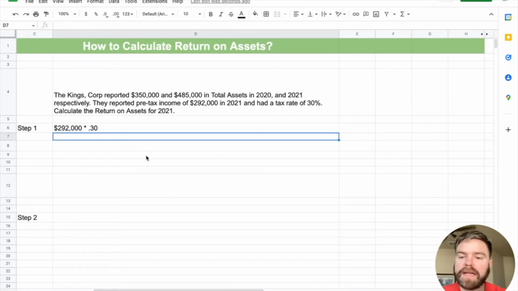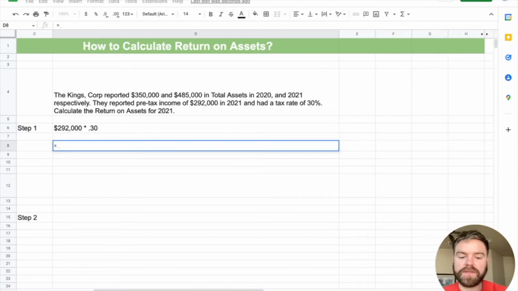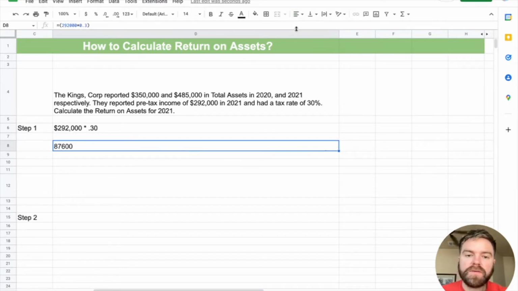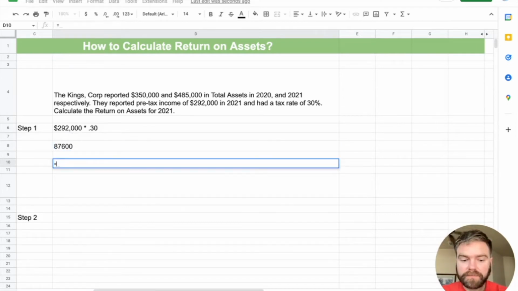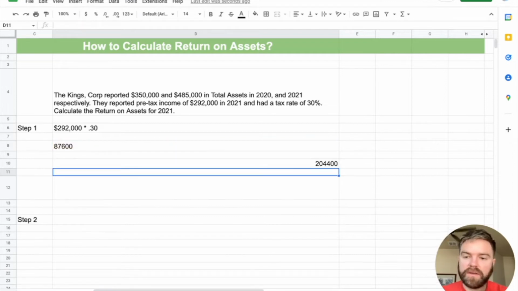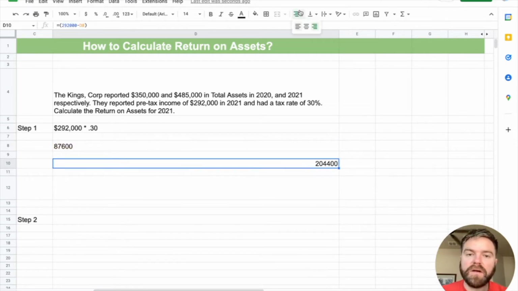So I'll write it out so you can see it: 292,000 times 0.30. This right here is going to be our tax amount. And then to get our net income, or after-tax amount, we take 292,000 and subtract out the tax we just calculated. And that's going to be our net income.